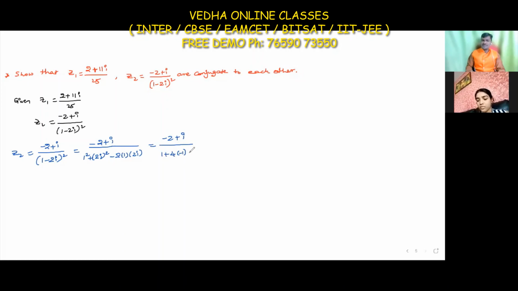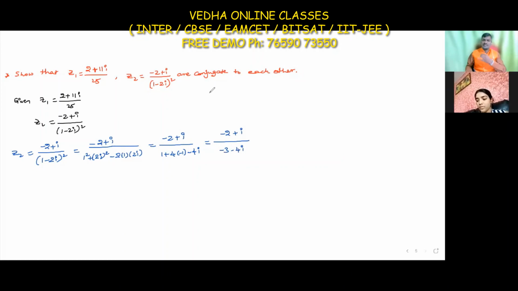So (minus 2 plus i) divided by (1 square is 1, 2 square is 4 times i square is minus 1, and 2 into 1 into 2i is 4i), which gives minus 4i. This is equal to (minus 2 plus i) divided by (1 minus 4), that is minus 3 minus 4i.